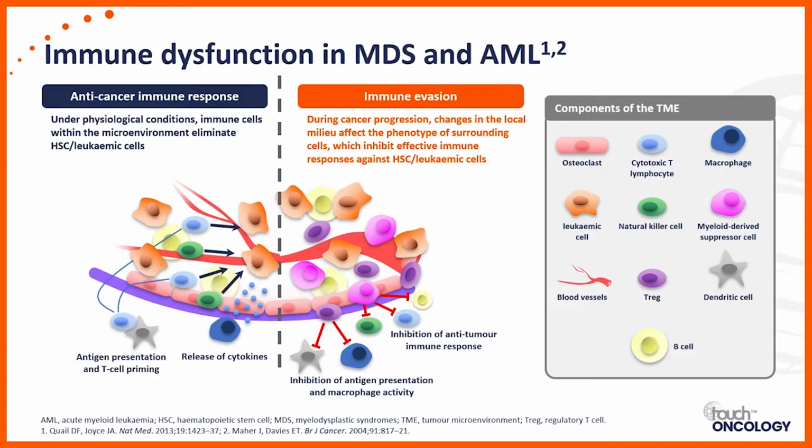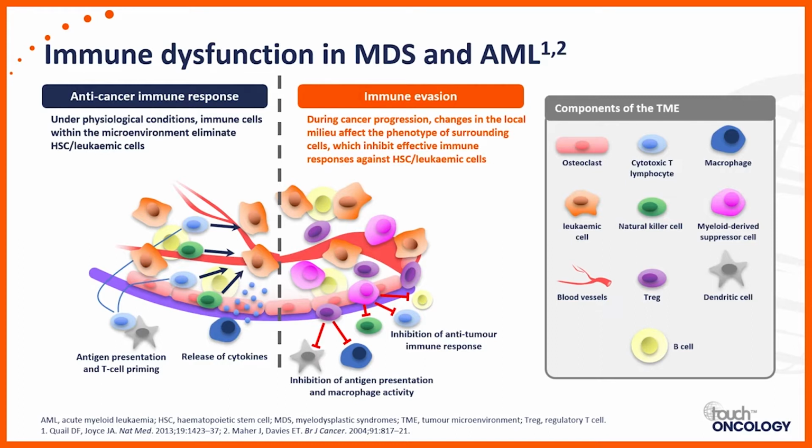We also know that there is an immune dysfunction in MDS and AML because under physiological conditions, immune cells within the microenvironment in the bone marrow are basically able to eliminate hematopoietic stem and progenitor cells, leukemic cells, so to eliminate aberrant cells on a daily basis.